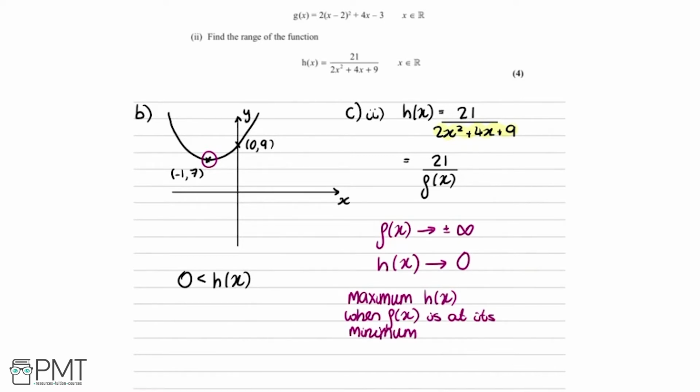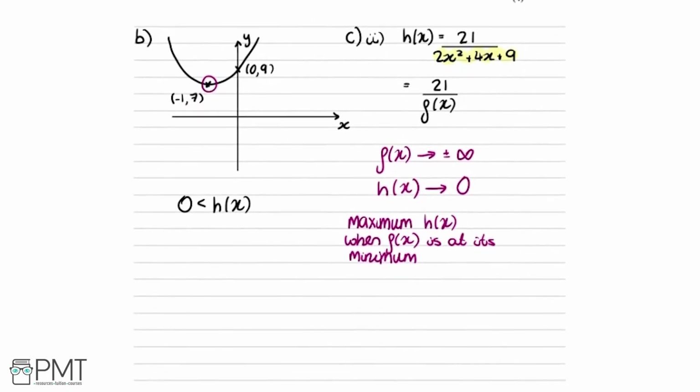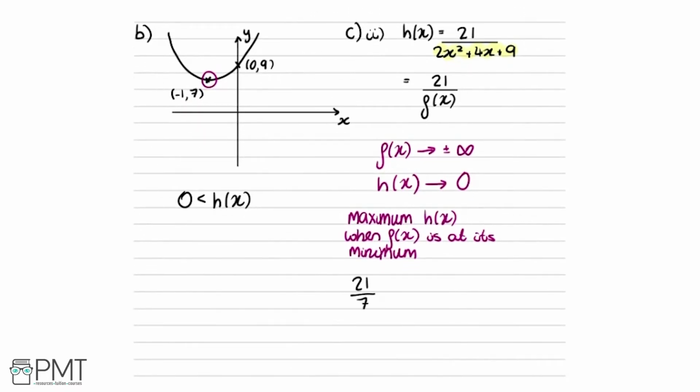And we see when it's at its minimum, we've got a 7 here. So what I'm going to do is 21 divided by 7, which equals 3. Okay, great. So the maximum that h of x could be is 3, and it could equal 3, so we're going to write it like this.